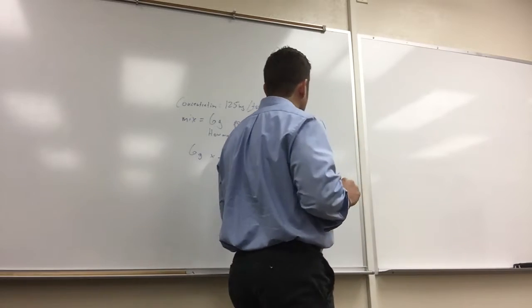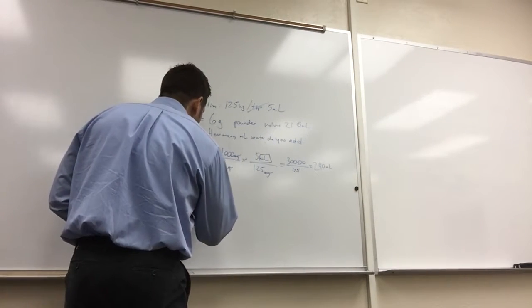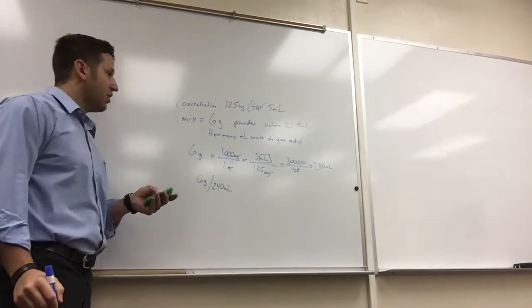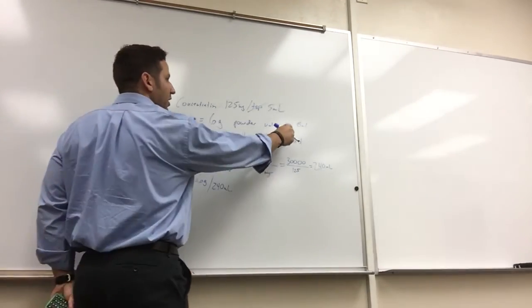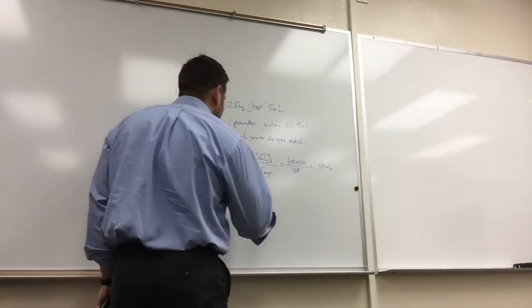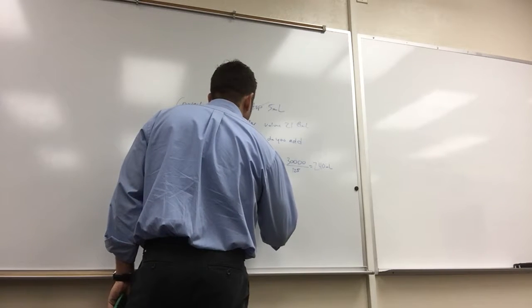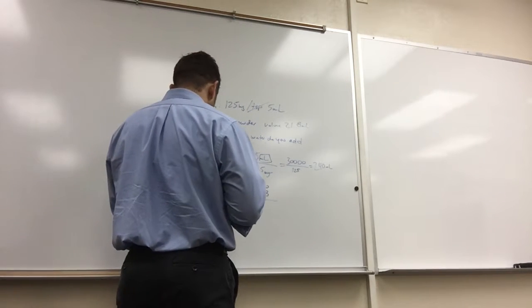Okay, so that's 240 mLs, which would mean 6 grams in 240 mLs, correct? Do I add 240 mLs? No, because I already have 21.8. So I need to do 240 minus 21.8, which is 218.2.